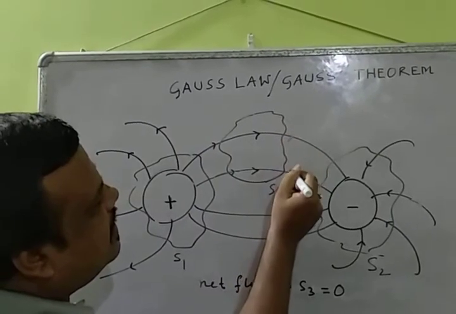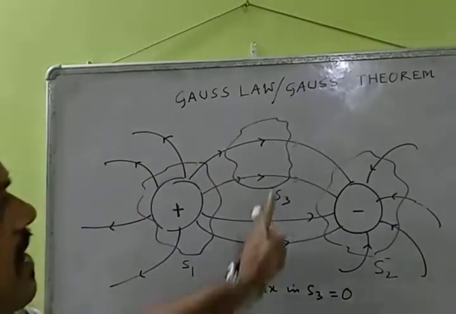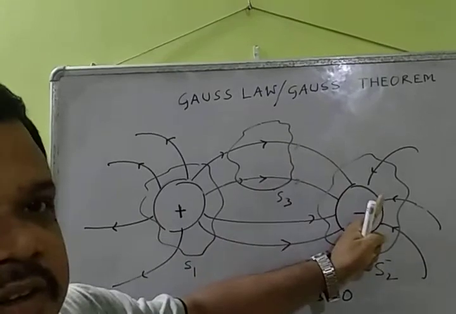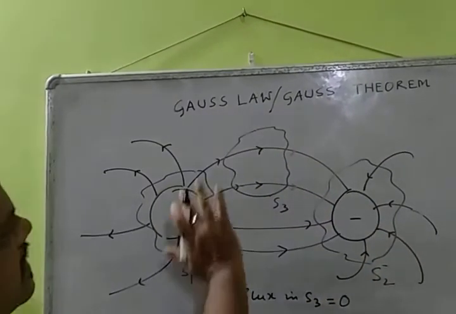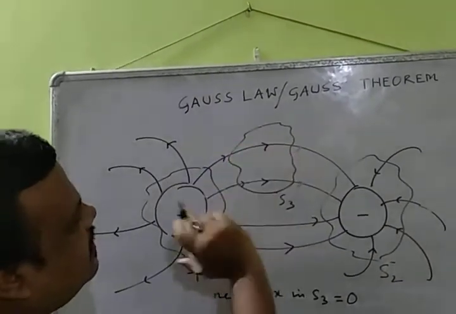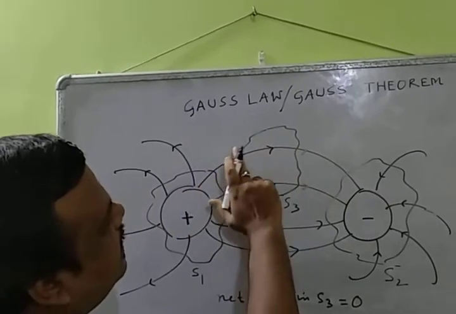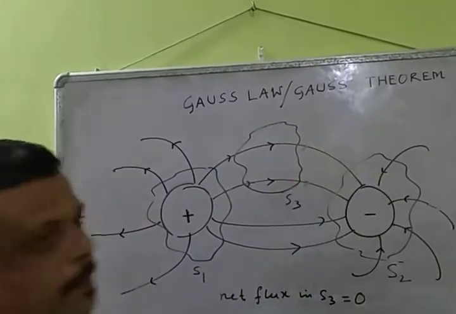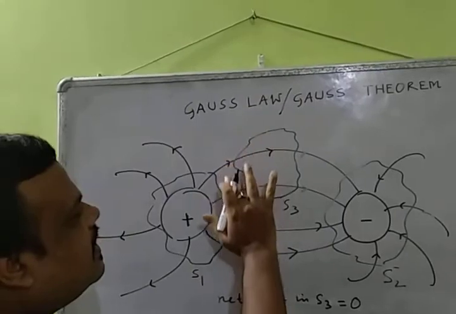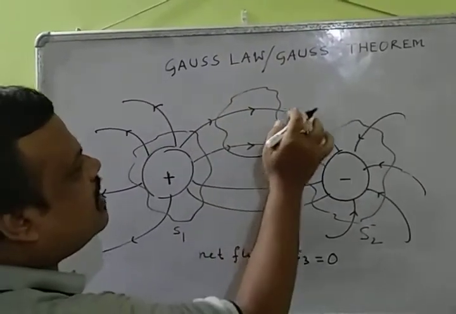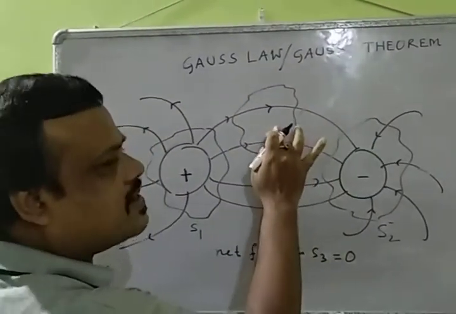Similarly, these field lines are leaving also, so this is flux in the outward direction. So what will be the net flux? Same number of field lines entering, same number leaving. So there is electric flux inward and an equal amount of flux outward. So net flux is 0.